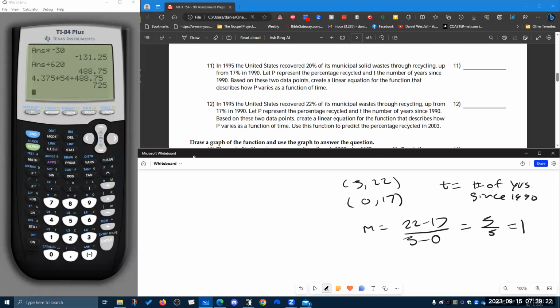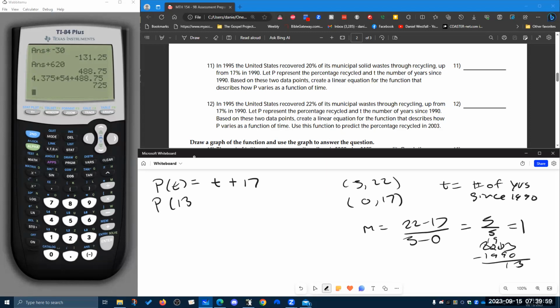So this is P of T equals 1T plus 17. Then we need to figure out 2003 minus 1990 is 13 years.